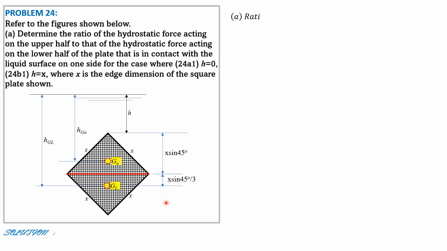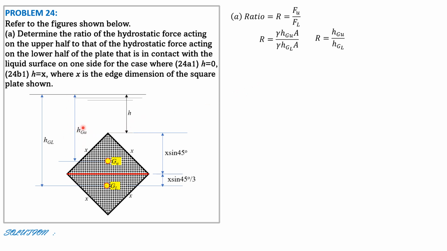So let's call the ratio R, equals F upper over F lower. F upper is gamma of liquid, HG upper, times area, over gamma of liquid, HG lower, times area. Since the liquid is common, we can cancel gamma, and we can also cancel area because the area of the upper half is equal to the area of the lower half. So the ratio reduces to HGU over HGL. And HGU can be read from the figure.